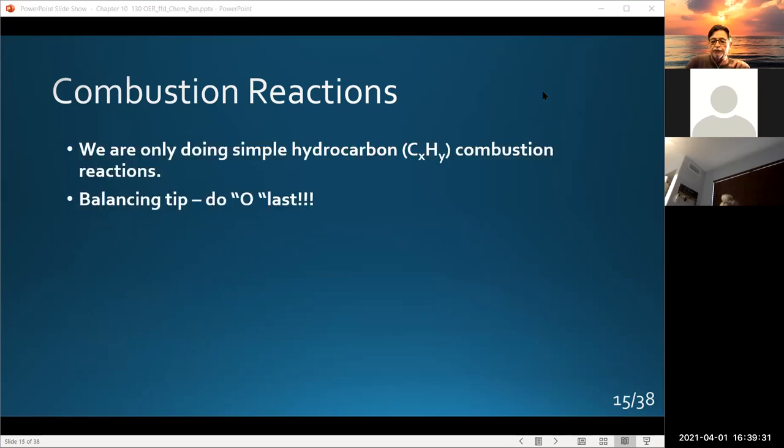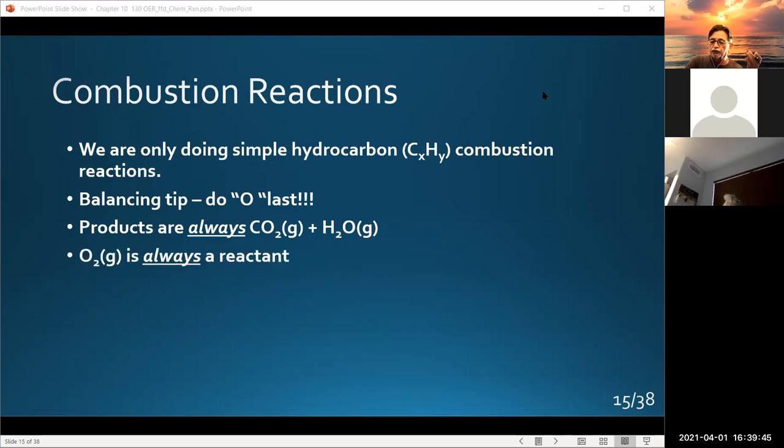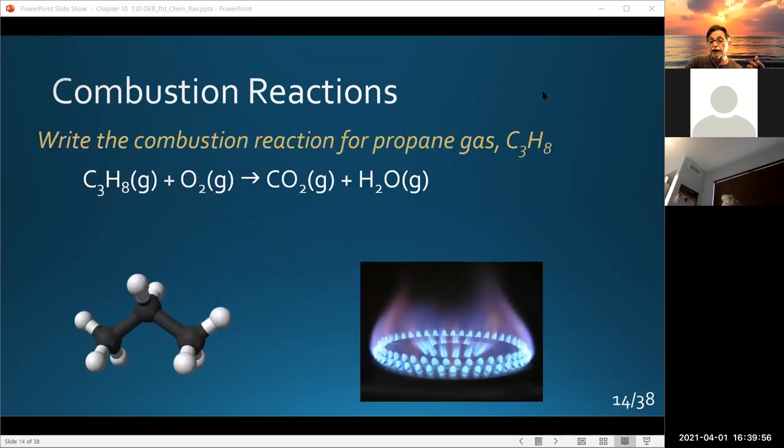Now, this is a repeat, a balancing tip: do the carbon, followed by the hydrogen, and at the end, do the oxygen as far as balancing those atoms. And then remember that the only 2 products you're going to get are carbon dioxide and water. I state that because it may be a word problem. So, write a reaction for the combustion of C3H8?